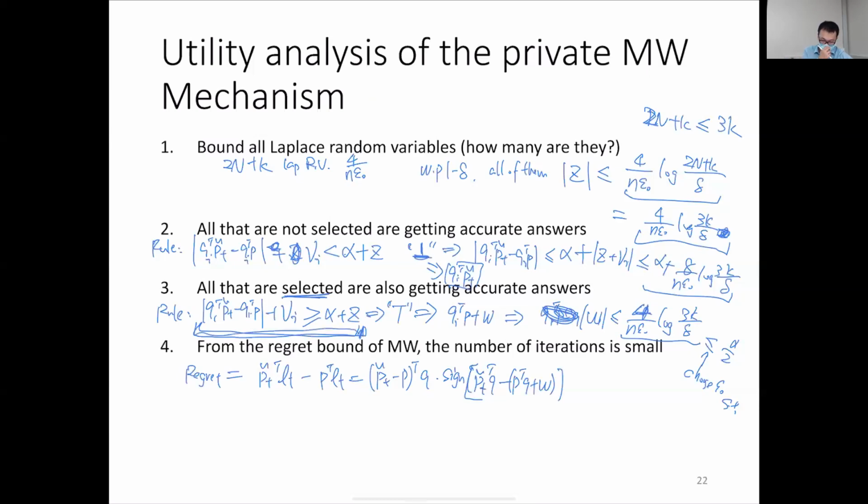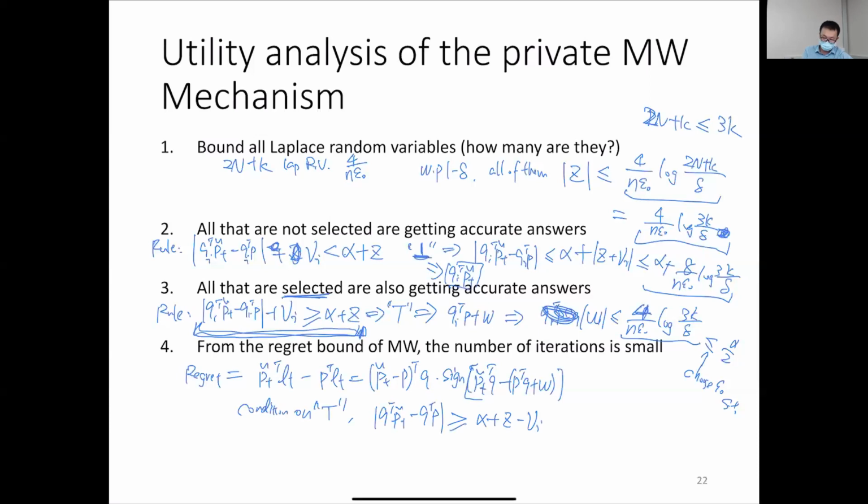So to say it differently, from the condition that we are actually running this multiplicative weight algorithm, conditioned on the output being top, this says that Q transpose P tilde T minus Q transpose P needs to be larger than alpha plus Z minus nu I, right?